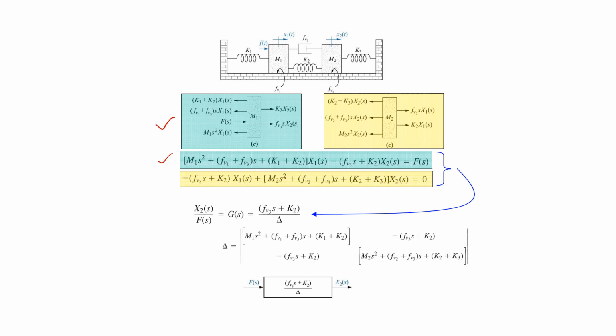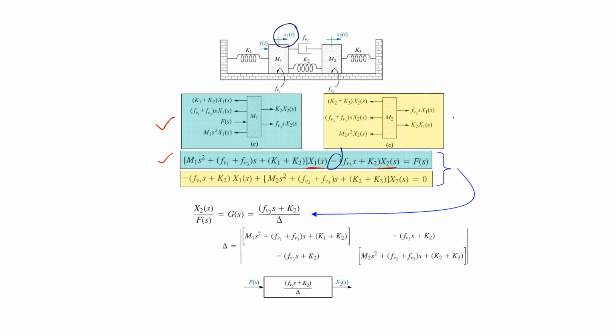We will just add the corresponding impedances for x1 and x2, and in the case of mass 1, the corresponding displacement x1 will be with a positive sign and the other displacement will be with a negative sign.